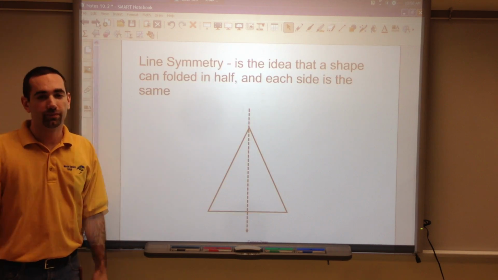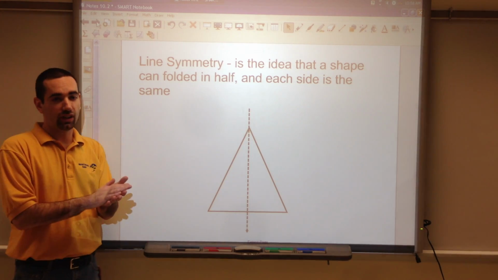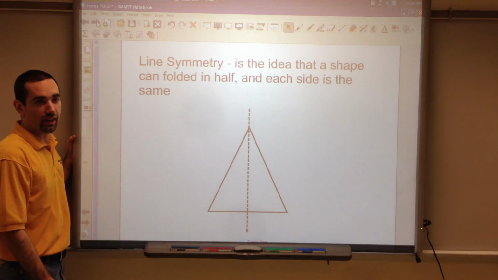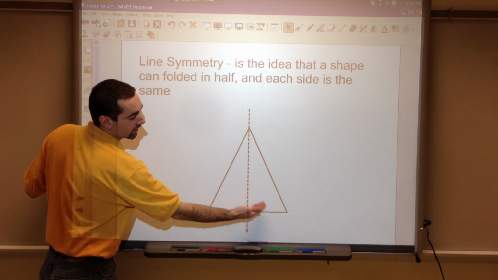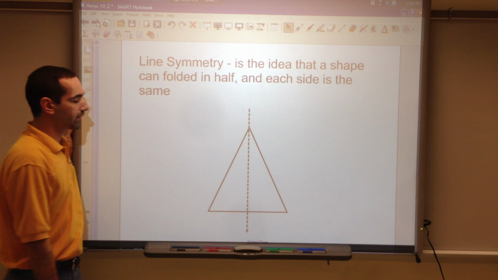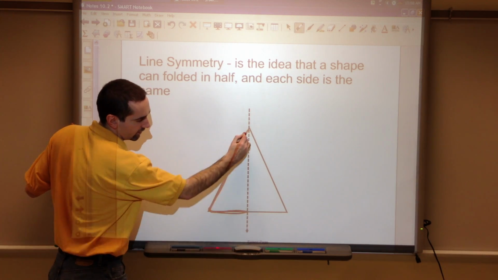Line symmetry. Line symmetry is the idea that a shape can be folded in half across the line and still be the same. So this triangle, I can fold across this line and it's still the same shape. When I fold it, it goes on top of this.